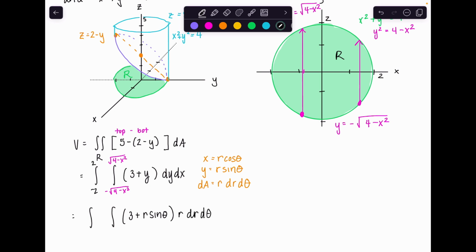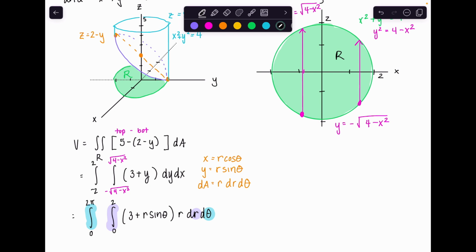Now I can go through and find my bounds. Starting with r, which is that first integral, because I'm dealing with a circle of radius 2, my r changes between 0 and 2. And then to get this full circle, theta has to go 1 revolution, so the outer integral has bounds 0 to 2 pi.